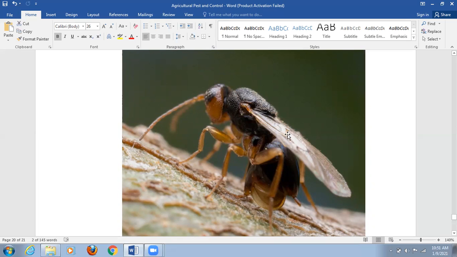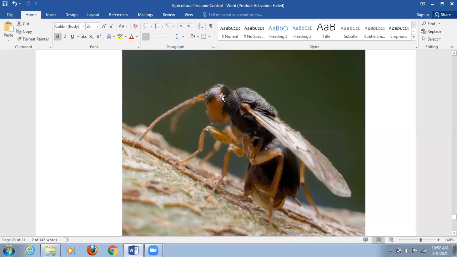We can say it is a color pattern, or their mouth part is different. Maybe it is a biting and chewing, or lapping and sponging type of mouth part. So different types of mouth parts are there. Then there are different coloring patterns. Then on the wings, different types of patterns are found.